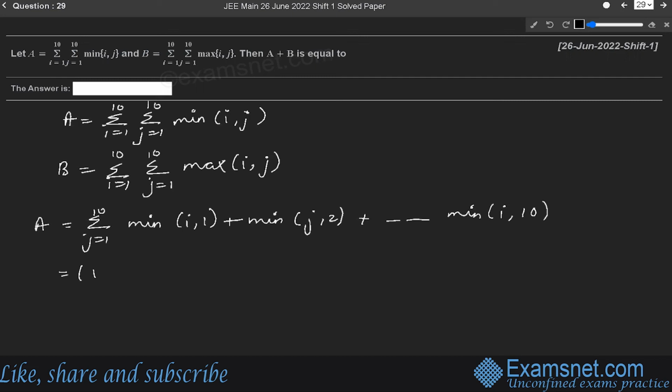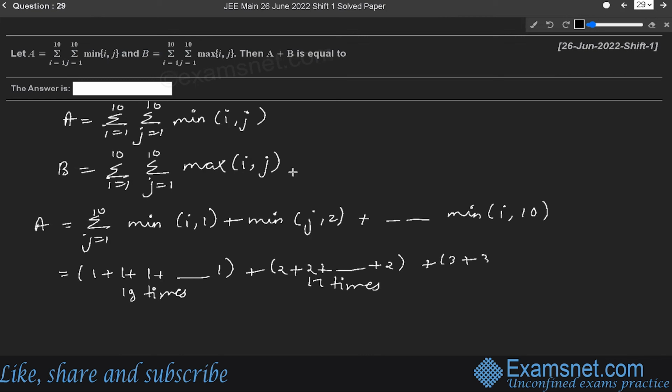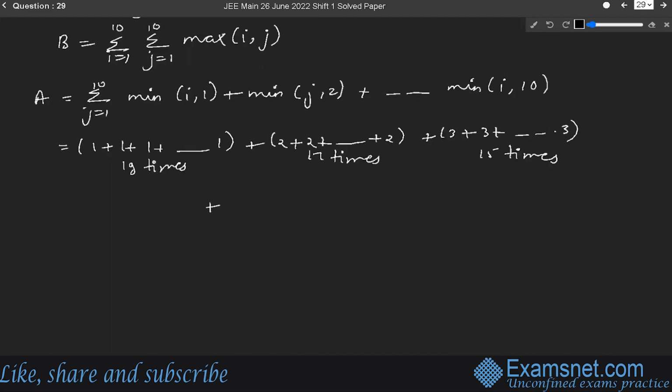So this will be equal to 1 plus 1 plus 1 and so on 19 times, plus 2 plus 2 and so on 17 times, plus 3 plus 3 plus 3 and so on 15 times, and so on, plus 10 which is 1 time.